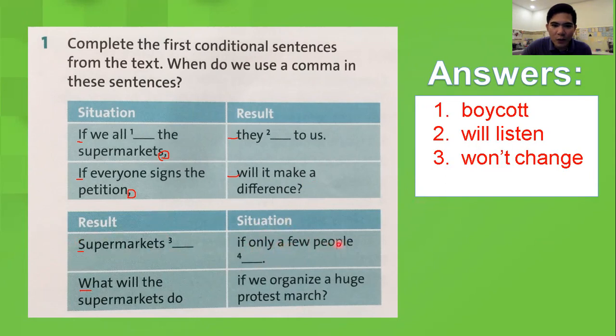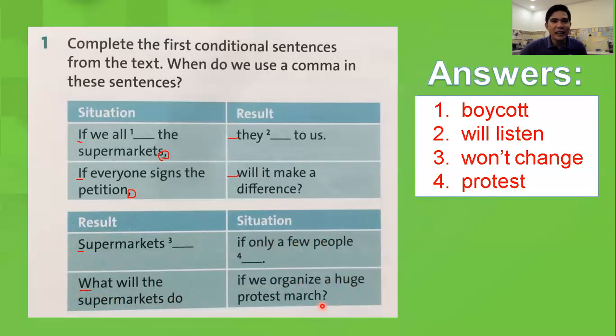If only a few people protest, no will, still in the present simple form of the verb. And in the question with the result phrase first, what will the supermarkets do if we organize a huge protest march? Question mark.